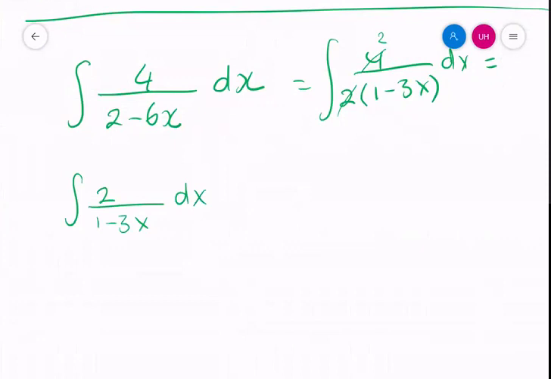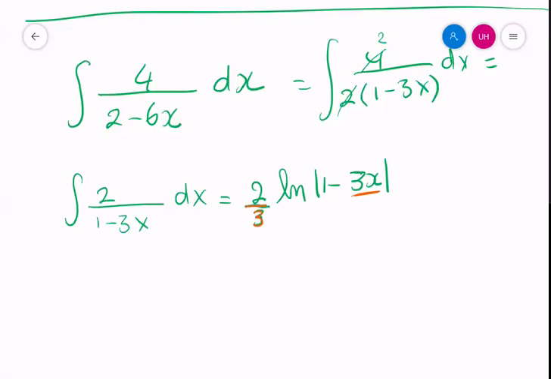Again, what we can do here is deal with it as 1 minus 3x, so it's ln of 1 minus 3x, and then we divide by the derivative of 3x, which is 3. So that's why we will write it down here over 3. So it is 2 over 3.